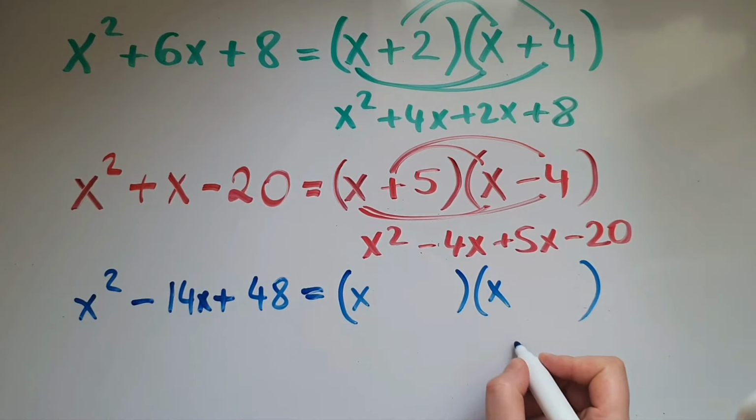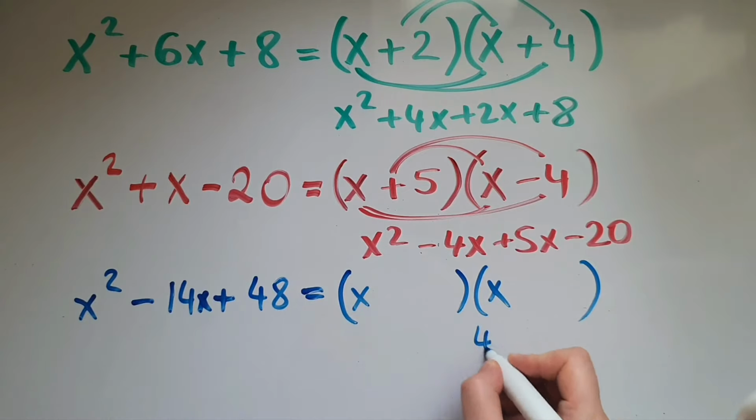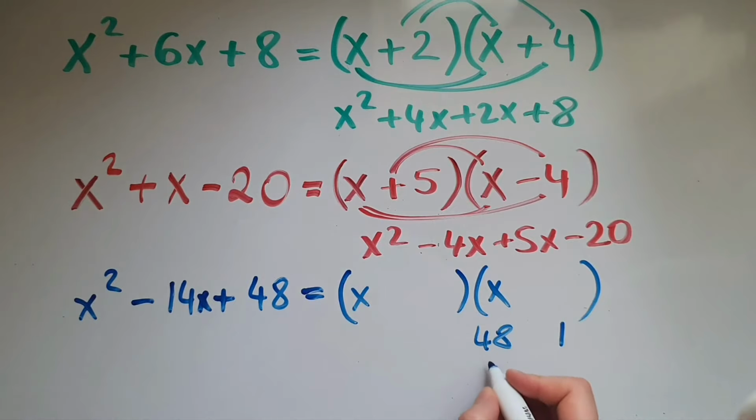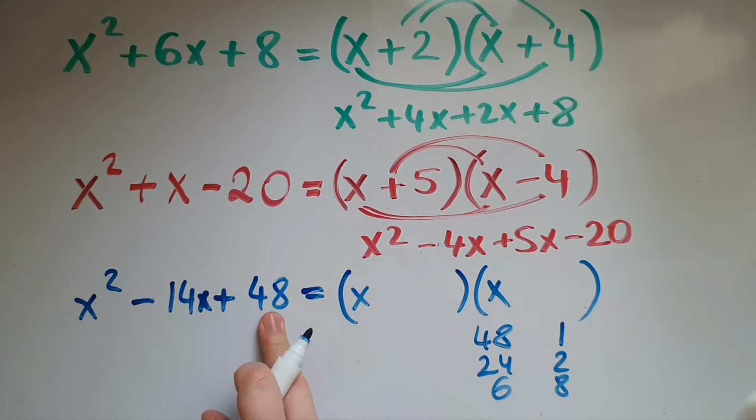What two numbers multiply to give us 48? That could be 48 times 1. That could be 2 times 24. That could be 6 times 8, or 8 times 6. I think we've got what we need. To get 48, we can multiply two positive numbers, or we could multiply two negative numbers.